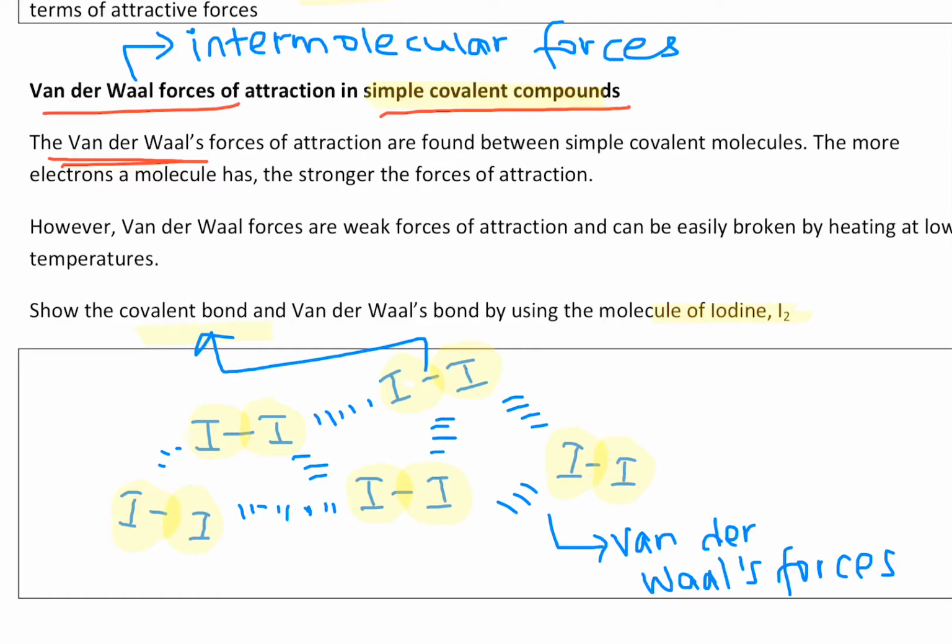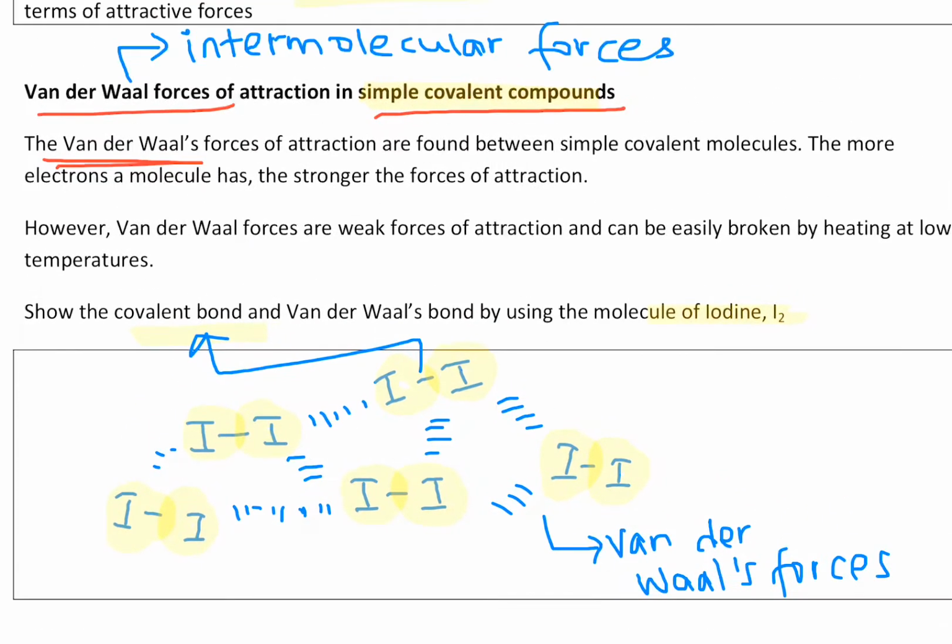So there are two kinds of interactions here. There is an interaction inside the molecule, which is the covalent bond, and in between the molecules are the weak van der Waals forces.